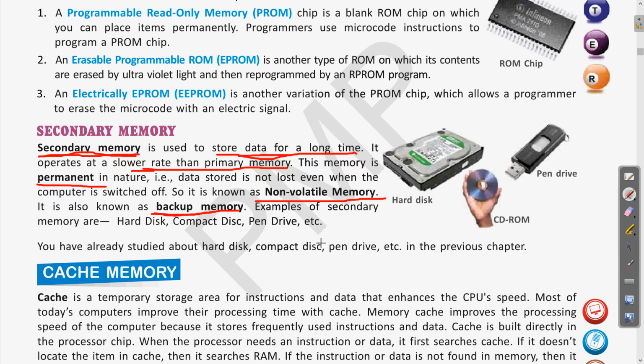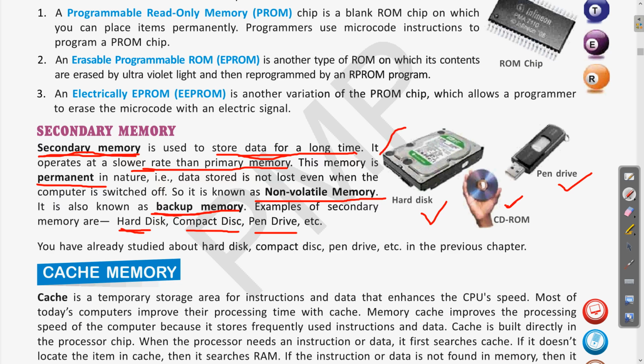And now the different examples of secondary memory: all of the storage devices like hard disk, CD, pen drive, DVD, Blu-ray disc. These are all examples of secondary memory. Here you can also see a hard disk, this is a CD-ROM, this is a pen drive or flash drive, whatever name you can say. All of these storage devices are examples of secondary memory.